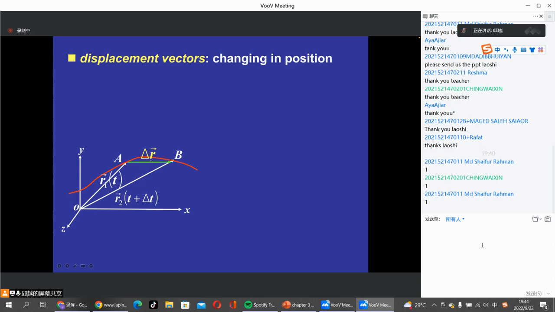After delta t the point moves from A to B, and we have the position vector for B, r2. And the vector from A to B is called the displacement vector, or we can write it as delta r.